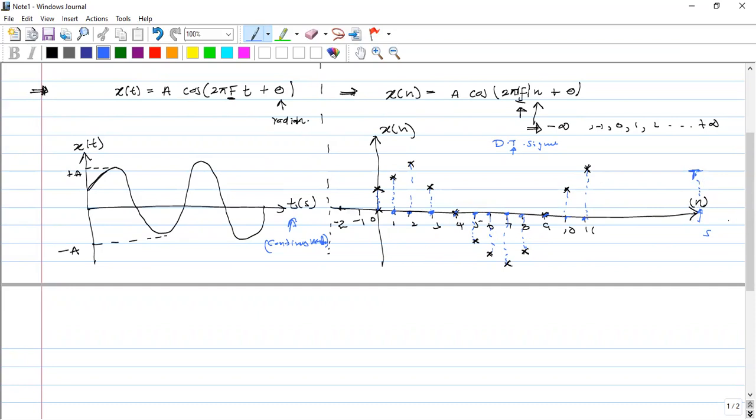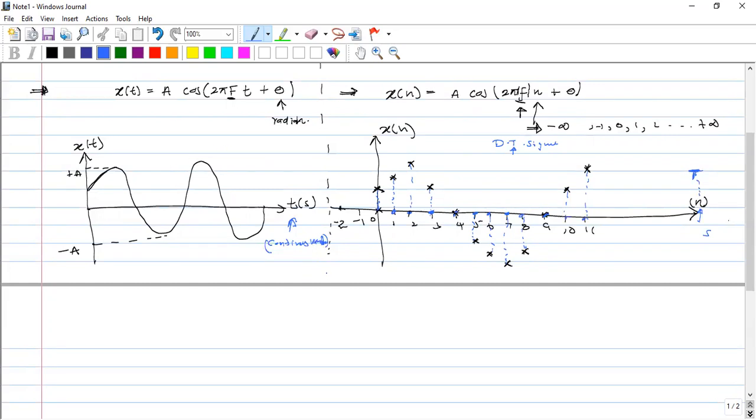Later you will get a better understanding of this, but up to this time try to get this idea. This is the discrete time signal, and this is the continuous time signal.